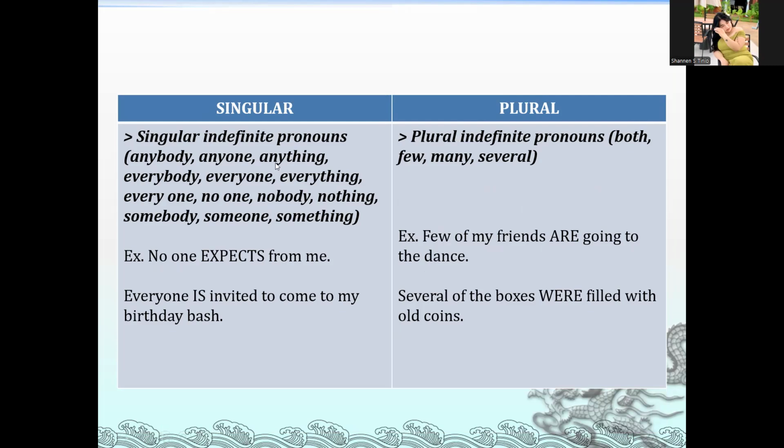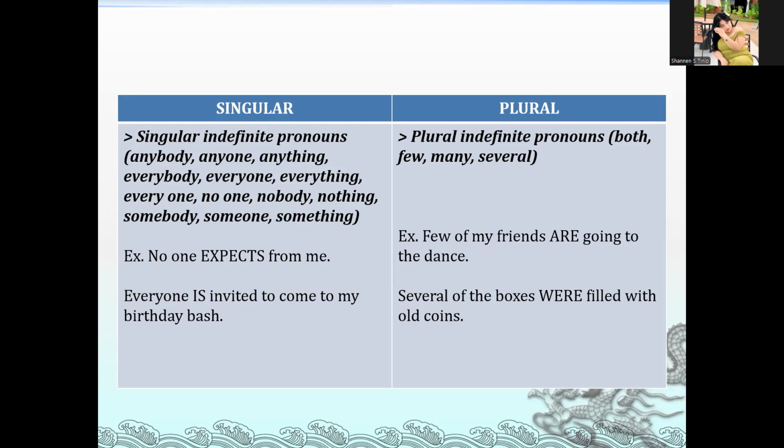Anybody, anyone, anything, everybody, everyone, everything. So they're generalized. Okay? No one, nobody, nothing, somebody, someone, something. These are all under the list of indefinite pronouns. So, pag daw may nakita or may ginamit kayong indefinite pronouns sa subject nyo, automatically singular verb ang gagamitin nyo.